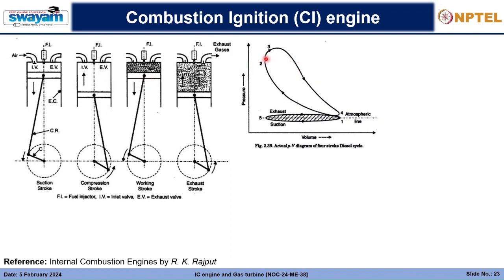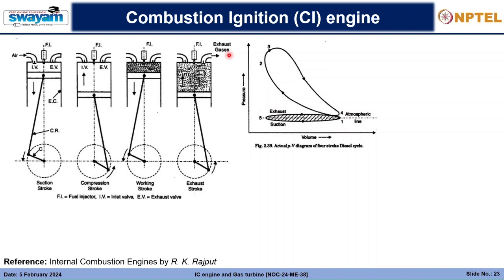After that you will have the complete 3 to 4 expansion or working stroke. And 4 to 5 again is the exhaust, wherein you will have a higher pressure here, higher than the atmospheric pressure, in order to expel these gases out.